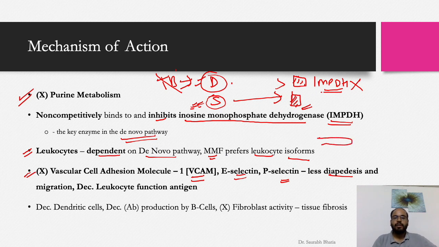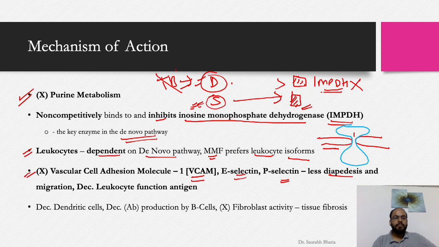So just to revise that, if these are the endothelial cells and this is a gap in between endothelial cells, the migration of inflammatory cells through this gap is known as diapedesis. The cells squeeze through those gaps, and MMF blocks E-selectin, P-selectin and VCAM, leading to decreased adhesion of these leukocytes to the endothelial cells and decreased migration of cells through the endothelial gaps into the skin where inflammation is taking place.